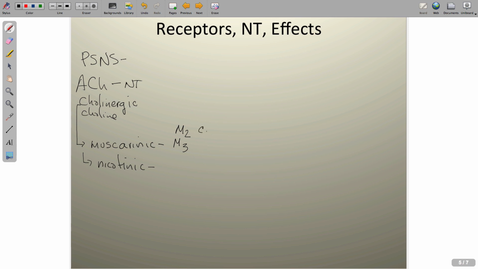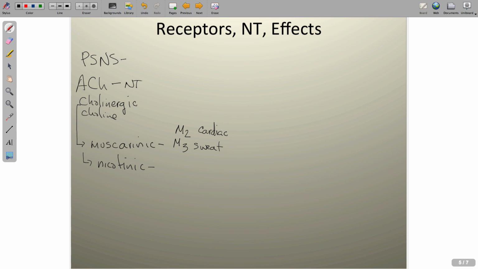The M2 receptor is a cardiac receptor. So when you target muscarinic receptor sites at the level of the cardiac system, you are going to cause a change in the heart rate. The other one that I want you to appreciate is that the M3 receptor has to do with sweat glands.